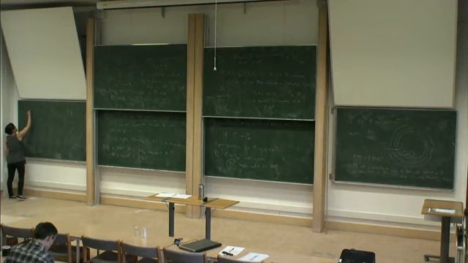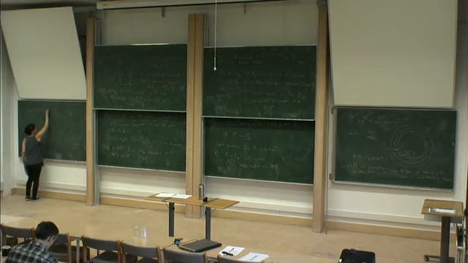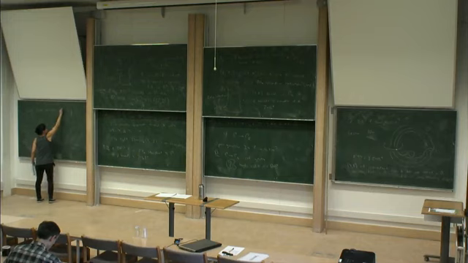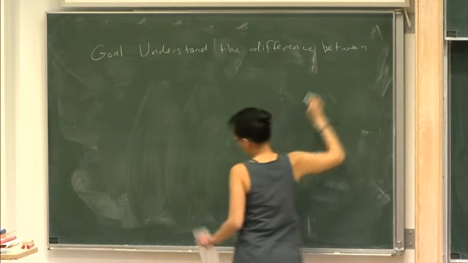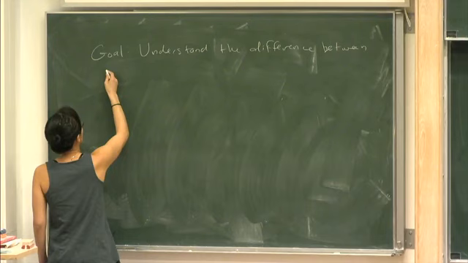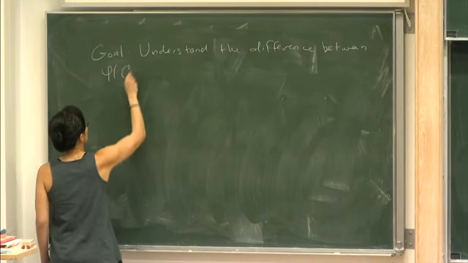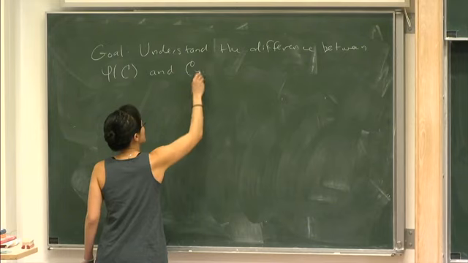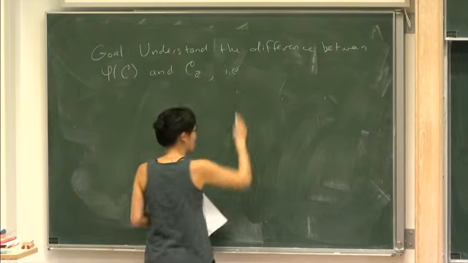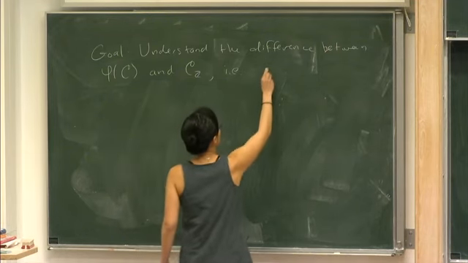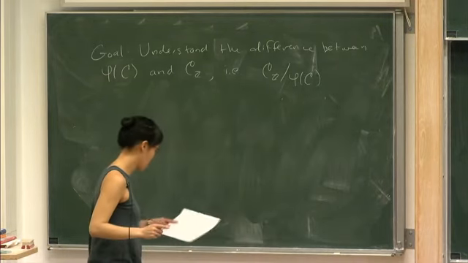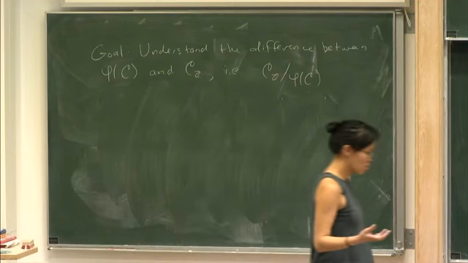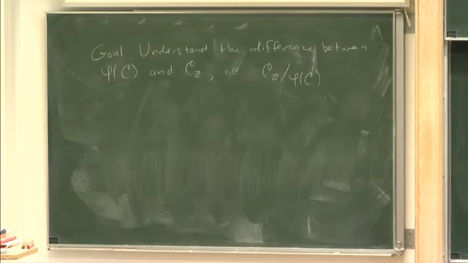So the goal for today is to understand the difference between phi of C and C_Z, or in other words, the quotient C_Z mod phi of C. We have lots of knot invariants and concordance invariants.